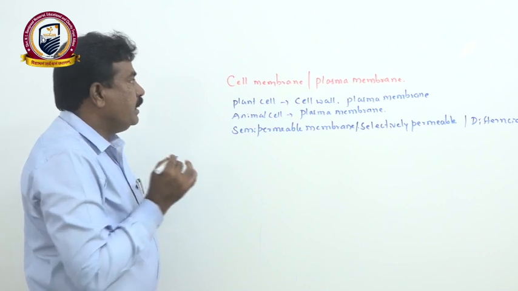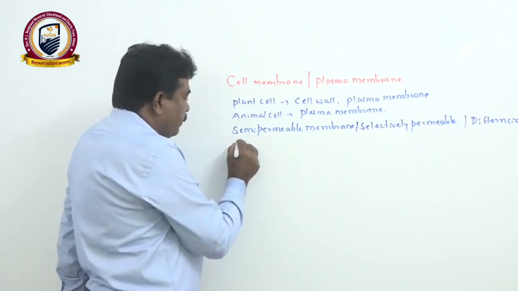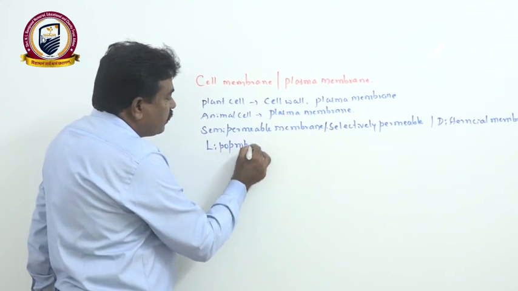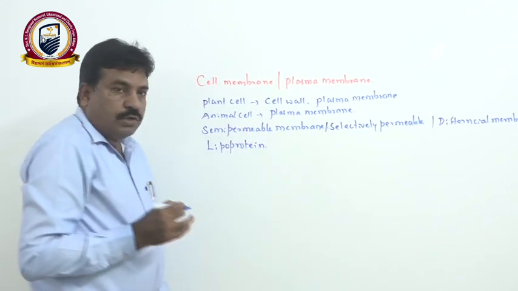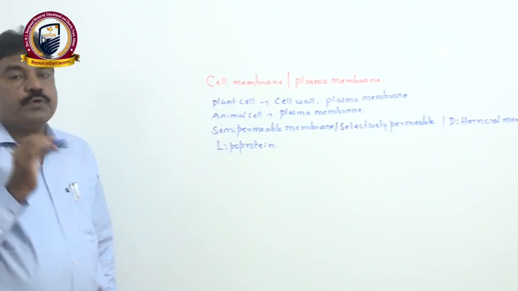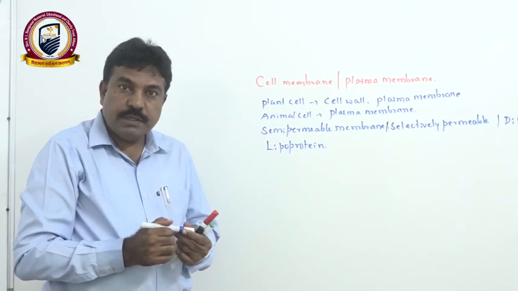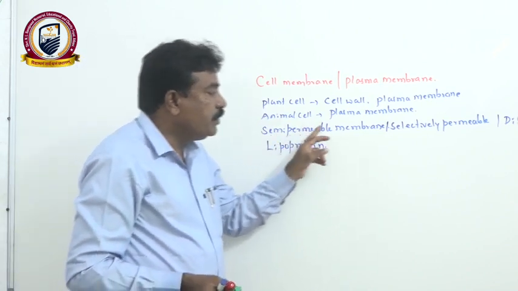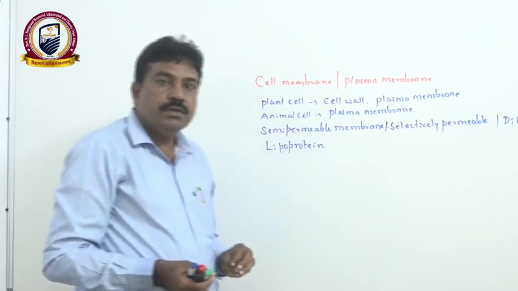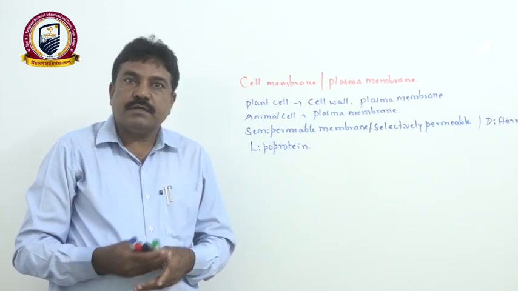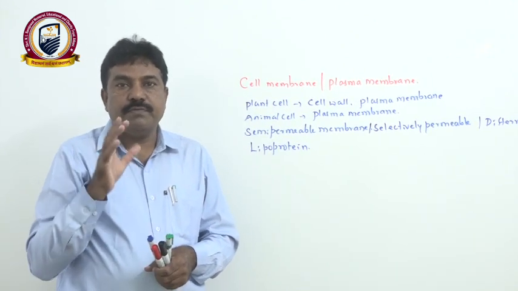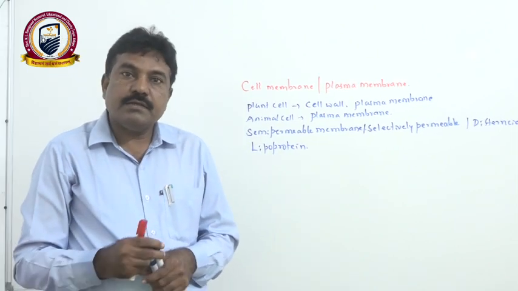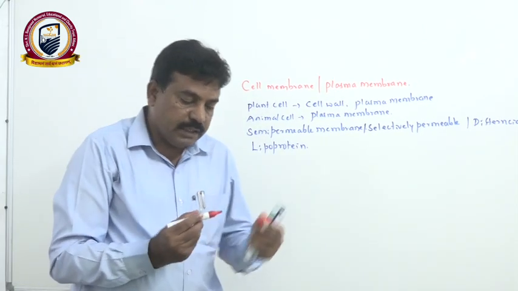Typically, a plasma membrane is made up of a lipoprotein layer. How do these lipoprotein molecules make the plasma membrane a semi-permeable membrane? To explain that concept, nearly 25 different models were proposed by different cytologists.